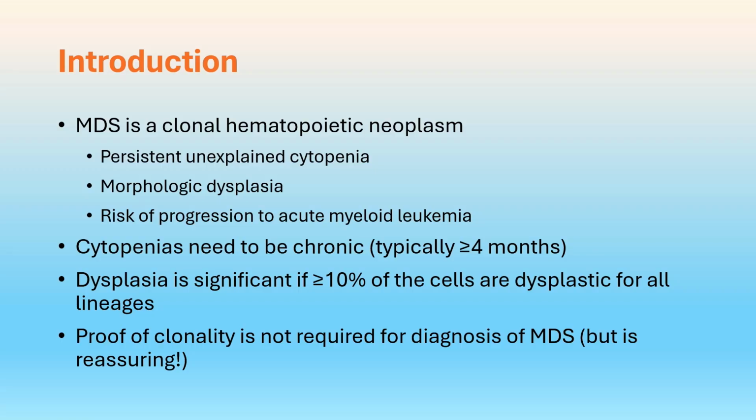The cytopenias are typically long-standing, and the dysplasia, as we know, is significant if more than 10% of the cells are dysplastic. The proof of clonality is not required, but I think we all feel much more comfortable if it is there and if we find a mutation or a cytogenetic abnormality.